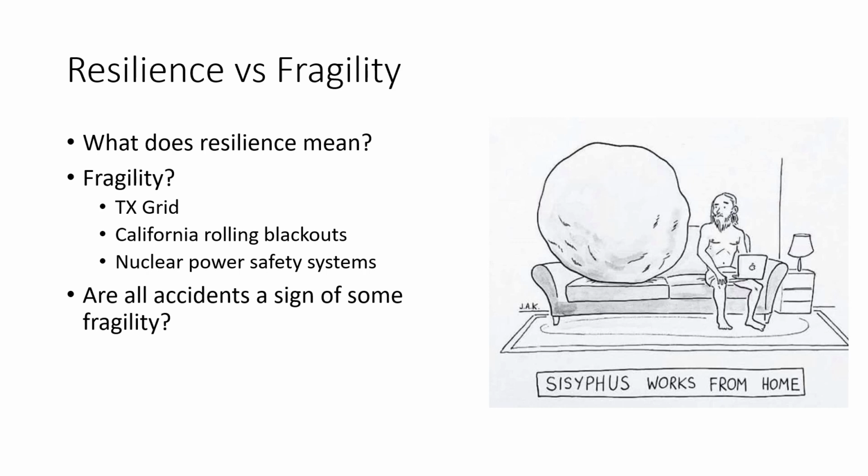Now, when we talk about fragility, right, here's some different examples, and there's also one that's not in here that we'll talk about, but the Texas electrical grid. So, Texas has been having issues the last few years with their electrical grid. One personal anecdote: I was going to a conference in New York and had a connection at Dallas-Fort Worth Airport, and it was hotter in the airport than it was in the plane while we were sitting on the tarmac.